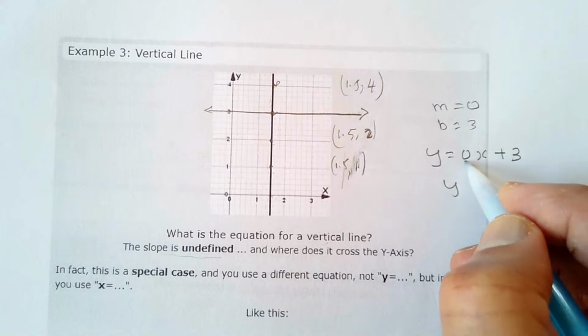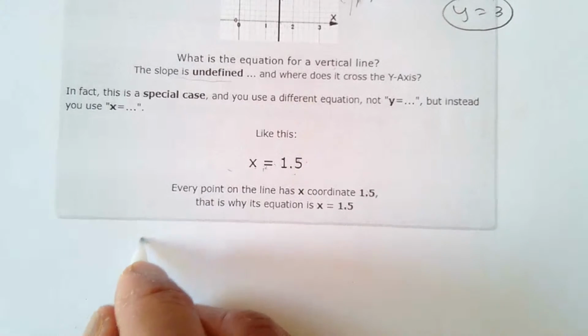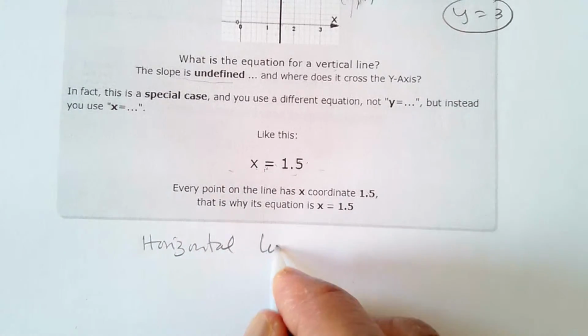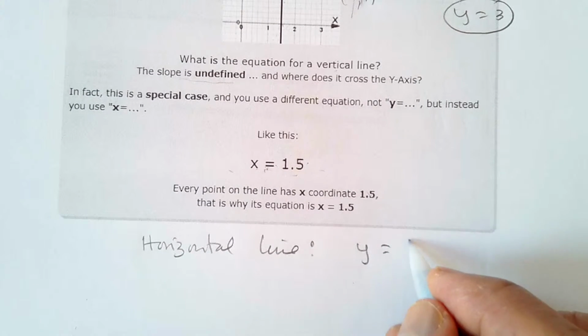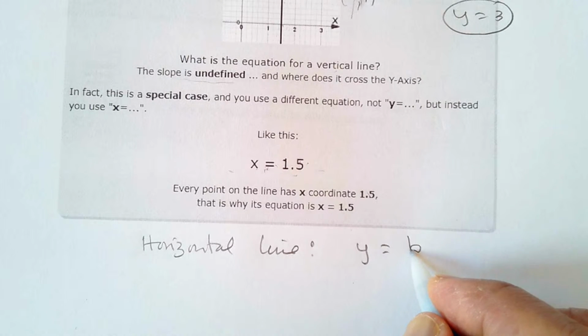Or, since it's 0, y equals 3. So we can conclude horizontal line, y is equal to the y-intercept, whatever the y-intercept is.